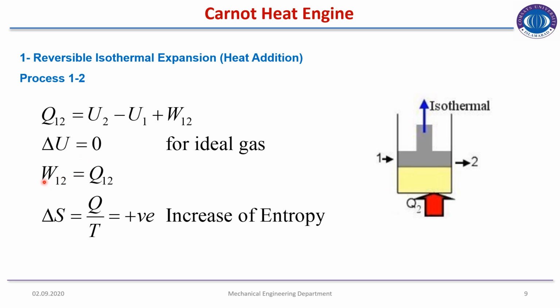Therefore, W12 is equal to Q12, and the change in entropy is given by Q by T. As T is a constant value and Q is the amount of heat added, Q will be positive. So delta S will also be positive. This shows that there will be an increase in the entropy of the system.